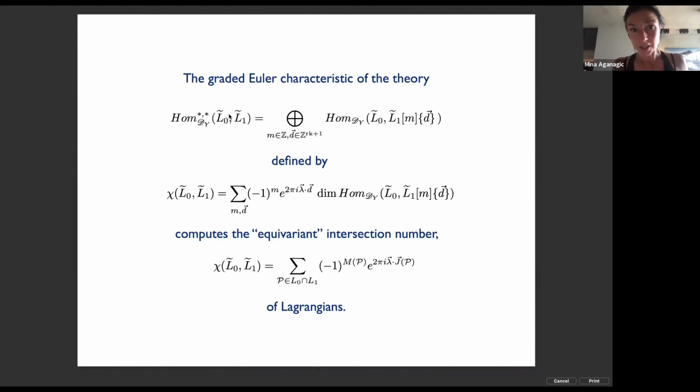So picking L0 and L1, what you don't want to do is consider homology only in equivariant degree 0, because you're going to lose essentially all the intersection points. So what you do instead, just as you do for the fermion number, is sum over all homological degrees. In that sense, each term on the right-hand side individually has degree 0. Anyway, the graded Euler characteristic simply computes the equivariant intersection number of the Lagrangians, where the usual intersection number is refined by keeping track of equivariant degrees.